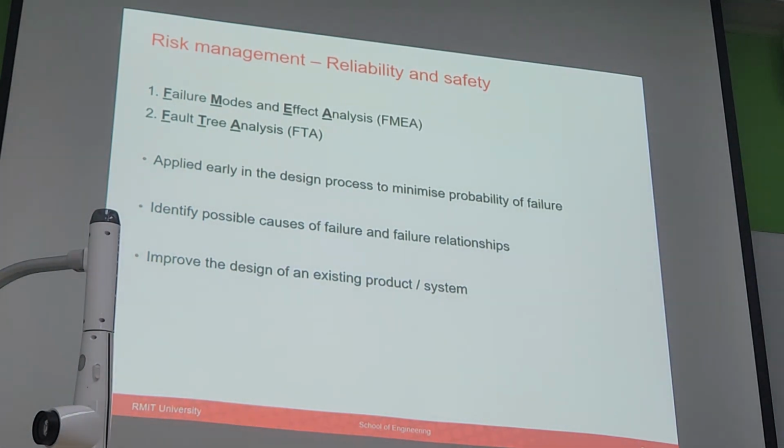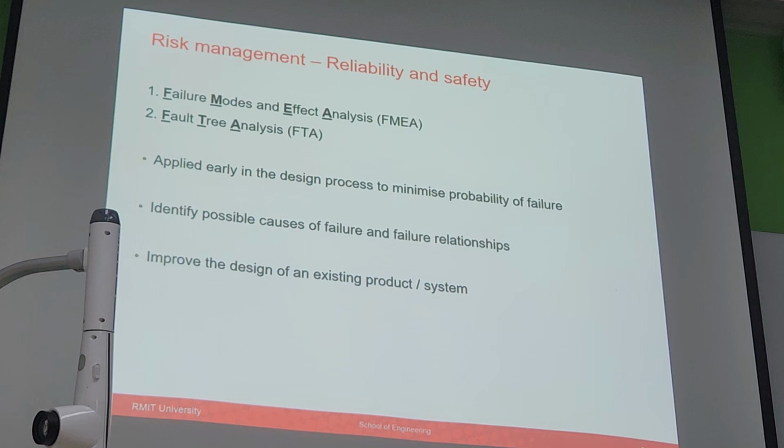In risk management, our job is to identify what failures we have, which ones. It's not enough to say after it happens, this is the failure. Nobody cares. During your design process, before production, you have to identify all the causes of the failure and the failure relationships.